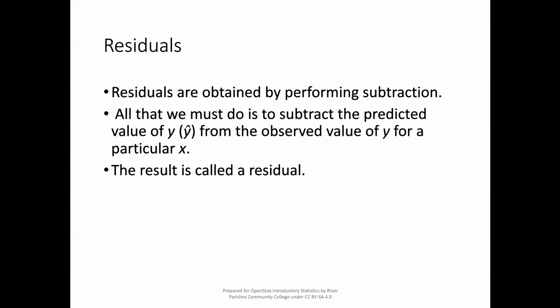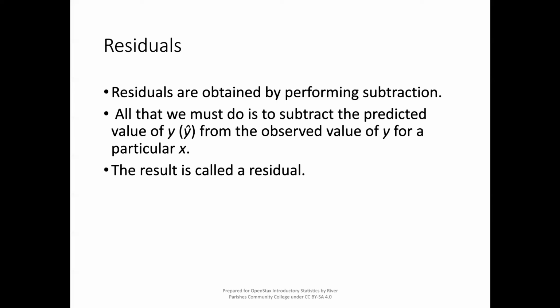Okay, what's a residual? A residual is the difference between the predicted value of y from your regression equation and the y that you actually collect. So you're collecting data, you collect x's and y's, you draw a scatter plot, you get a regression equation, and your regression equation predicts values of y for a given x.